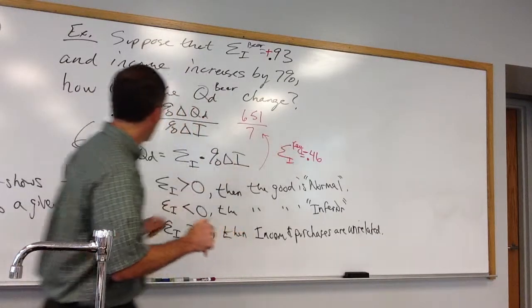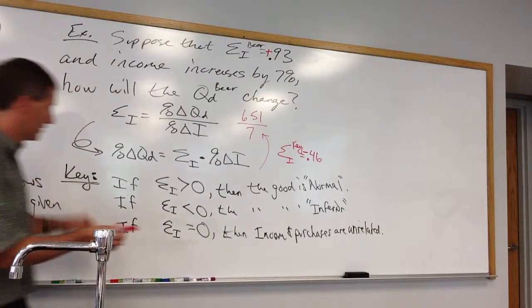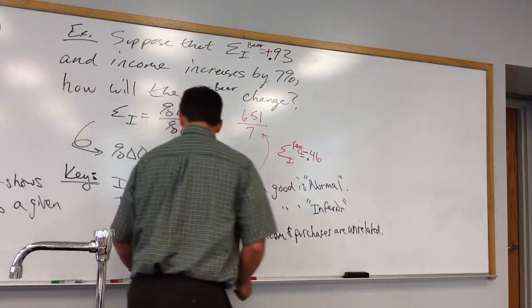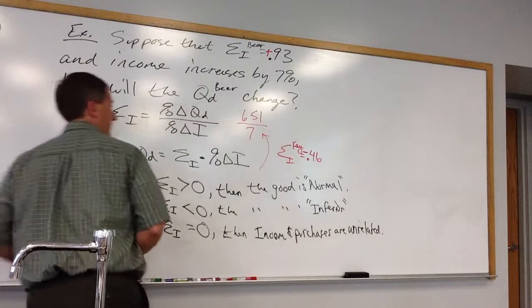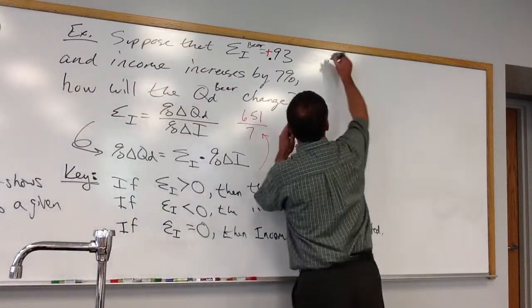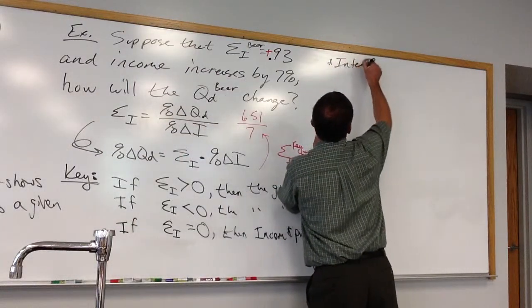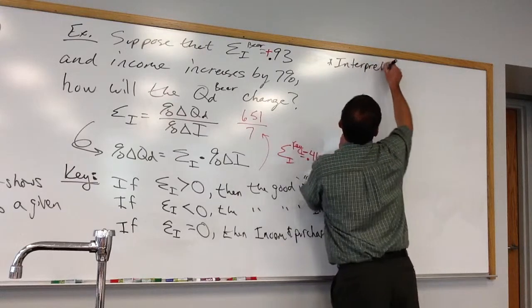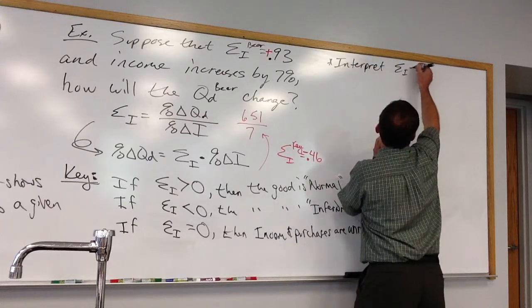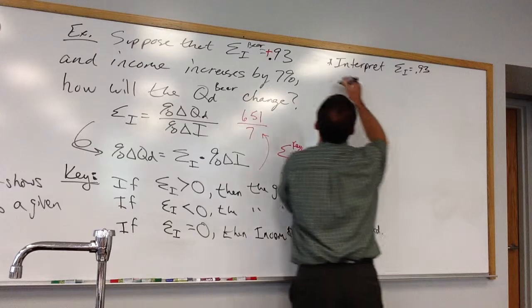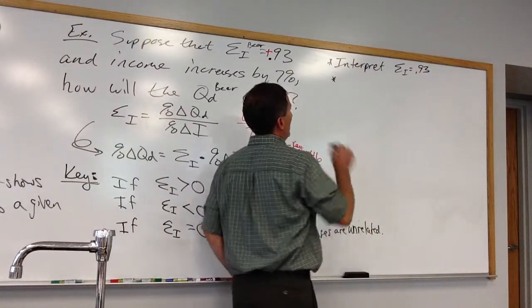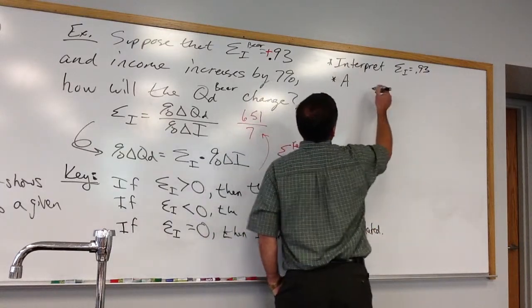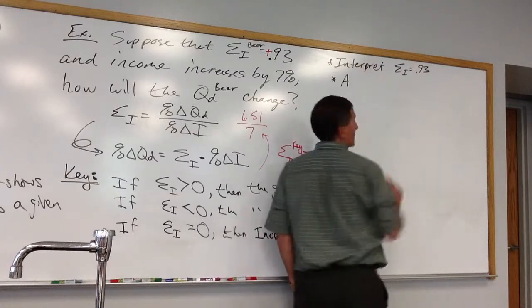All right, we're going to do a little bit more here too. I wanted to do one last thing with this, and that is to give an interpretation. How do we interpret the income elasticity? Interpret the income elasticity of 0.93. So, what's the trick?